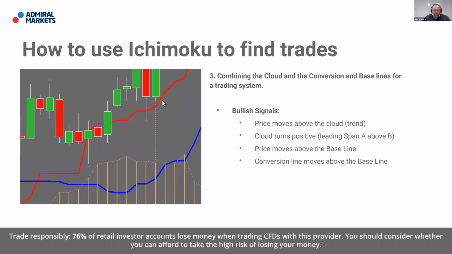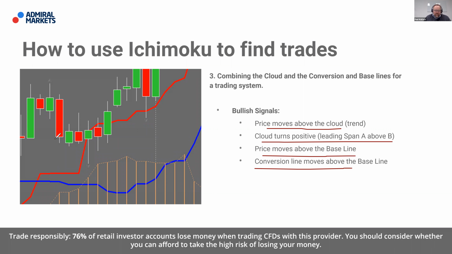But what we actually prefer is to combine the cloud and the conversion line and baseline for a trading system. What that means, very simply, is we get bullish signals when price moves above the cloud, and the cloud turns positive, so leading span A above B. The price is moving above the baseline and the conversion line moves above the baseline.